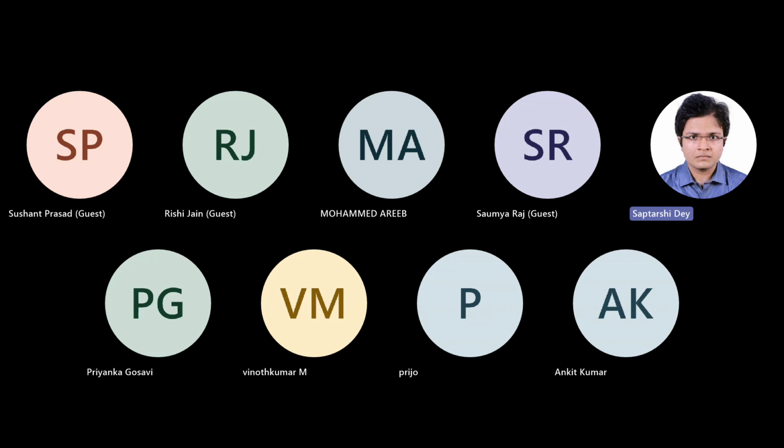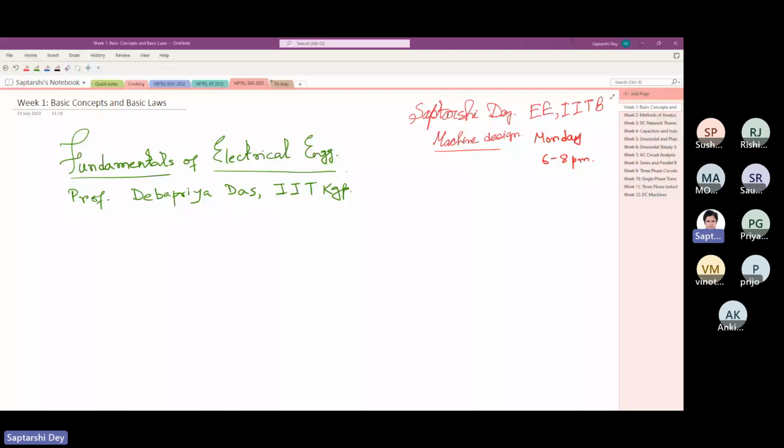Fundamentally, the flow of the course is like this: we will have to watch the recorded videos on NPTEL and solve the assignments. These doubt clearing classes are to help you in solving those assignments.